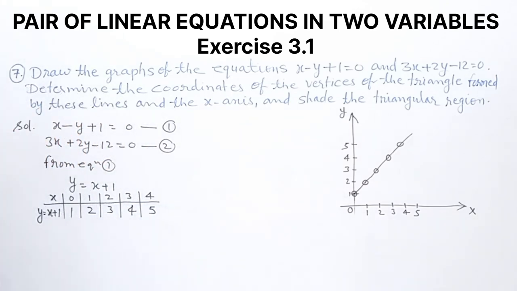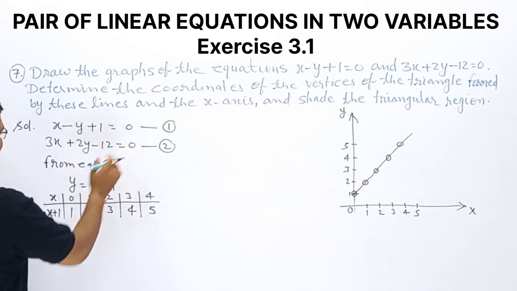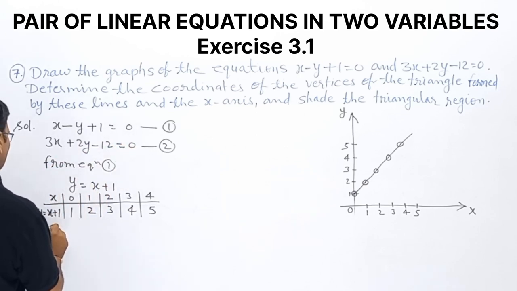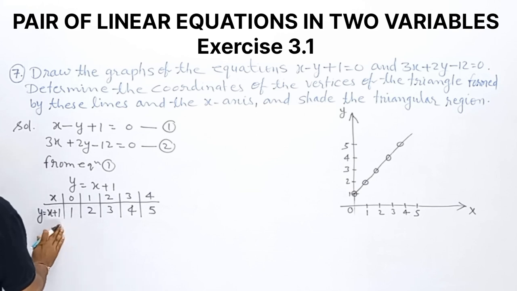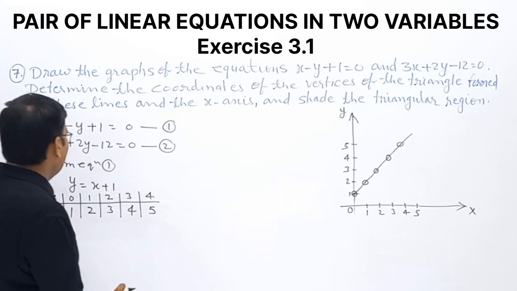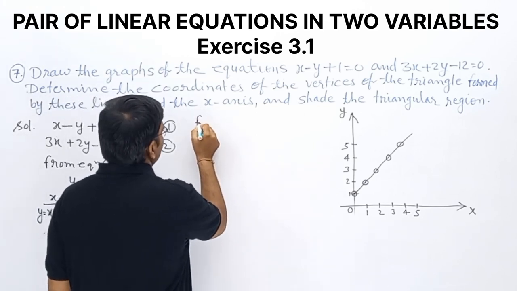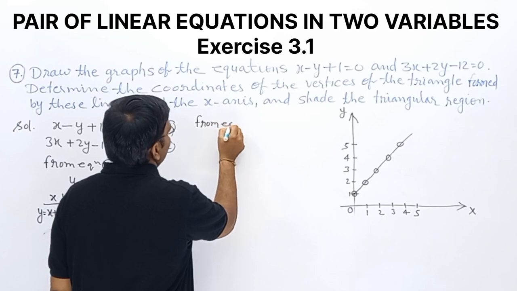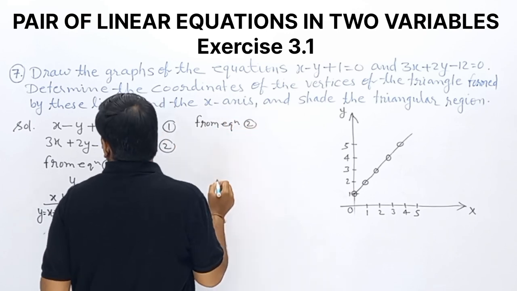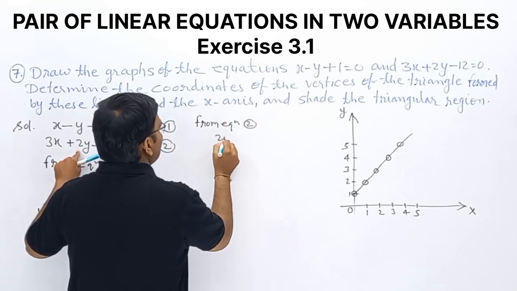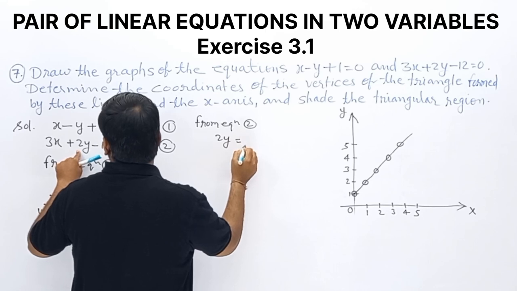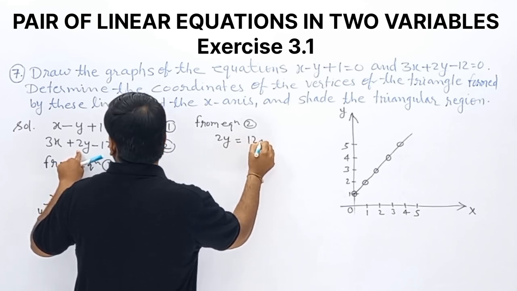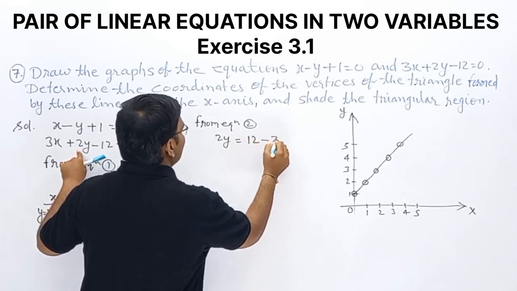Now I am taking from equation 2. What will be the table for equation 2? From equation 2, 2y will be equal to 12 minus 3x.